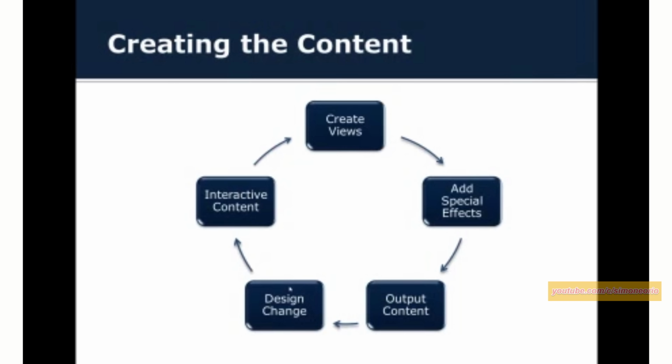I'm also going to show you an example of some interactive content, but I'm not going to give you details on how to create that. I'll leave that for later. So let's take a look at 3D Via Composer.